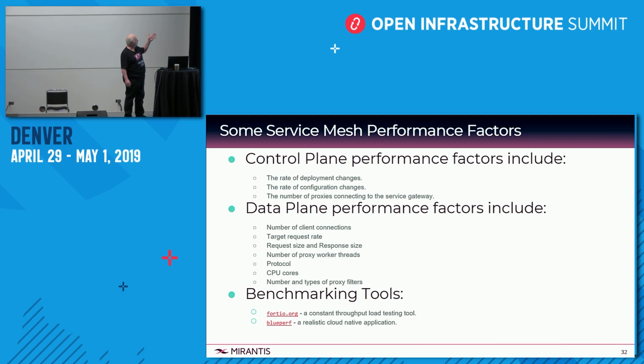Let's start with just the control plane. If you have a tremendous amount of ongoing deployments, it's going to start slowing things down in your service mesh, which means that you have to monitor and keep track of what's going on so that you can introduce changes in the pipe, the bandwidth of the pipe, and all of those things based on what you see in the visualization tools that they provide.